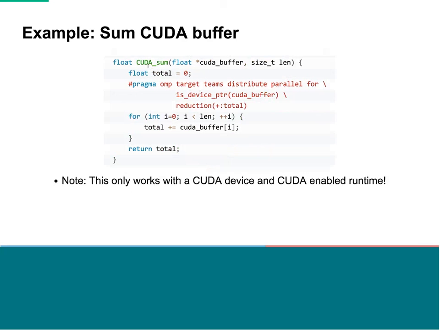And if you know that you're going to be taking in a CUDA pointer and you know that you have a CUDA-enabled runtime that is using CUDA for the target regions, then you can take a CUDA buffer pointer, pass it through isDevicePointer, and use it as normal. And in this case, you get your reduction. The compiler generates, well, hopefully, an efficient reduction for you rather than having to write that in manual CUDA.